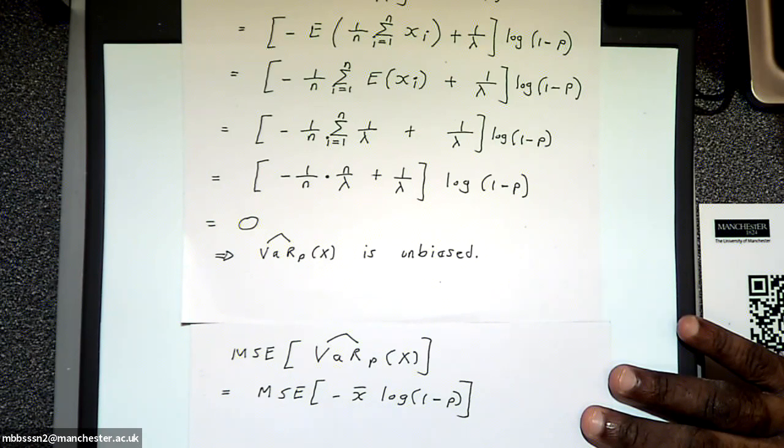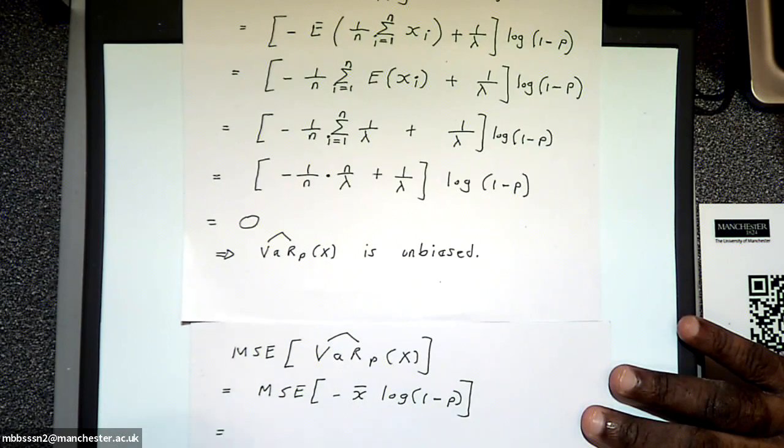I know here it's going to be confusing because I'm using VaR, but variance is different from VaR, although they look similar.